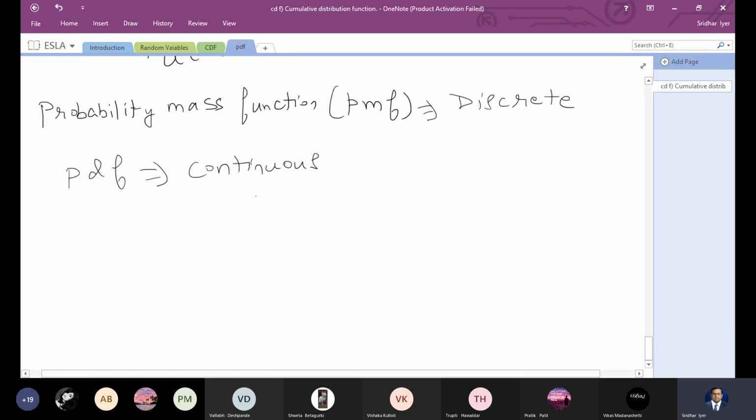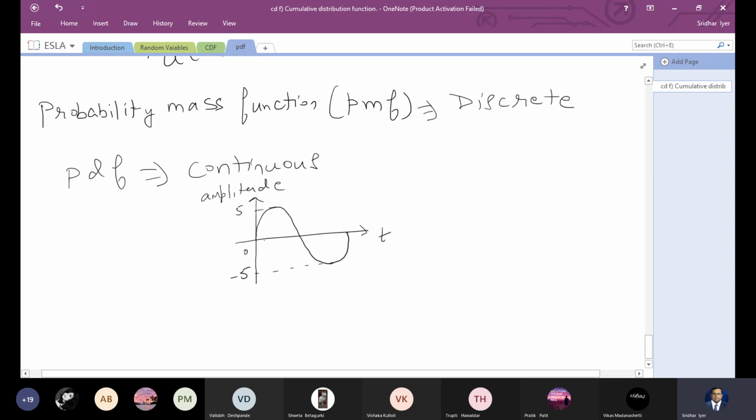A continuous signal looks like this. If I place, let's say, amplitude here, and draw a sinusoidal signal, a continuous signal always changes with time. Let's say the highest value here is 5 and the lowest value is -5.